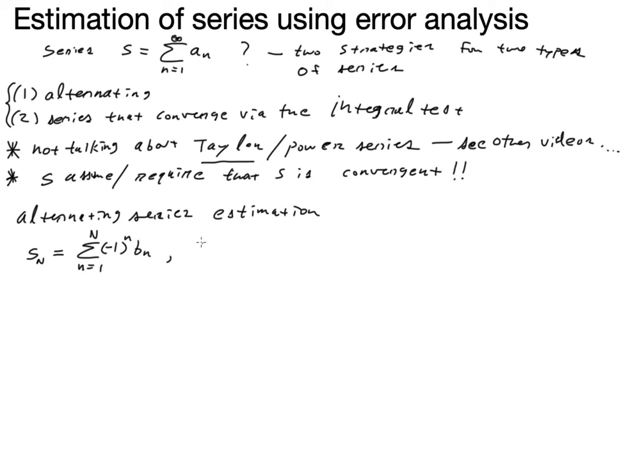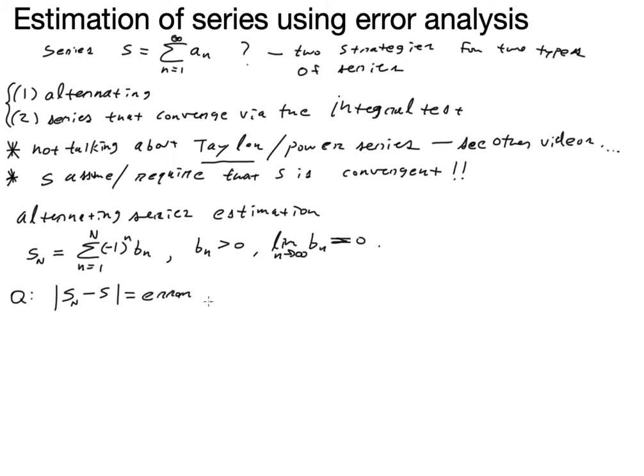Right, and this is an alternating series, and the Bn's, of course, are positive numbers, and the limit as n goes to infinity of Bn goes to 0. Okay, and this is, of course, just the requirement for our series to be alternating. And the question we have is, how far away is Sn from S itself? I'll call that the error.